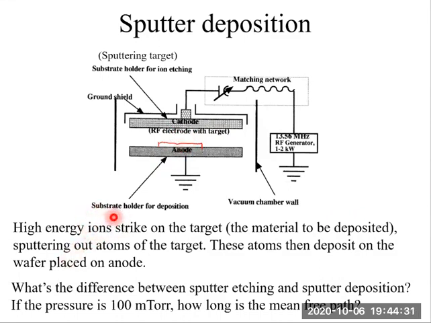Then ions are accelerated by the high negative potential of the cathode, causing sputter etching. So we can say that the physical process of sputter etching and sputter deposition is the same. The same physical process, but we just place the wafer on different electrodes.